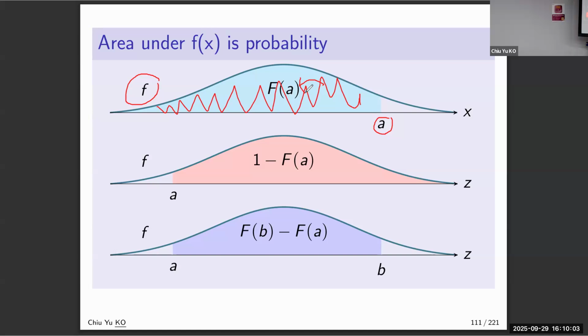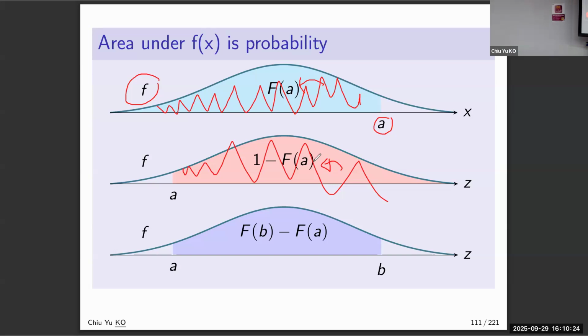And if you want to know the probability bigger than a, it will be the area under the curve beyond a. So this area will be 1 minus Fa. That means that the area under this small f curve must be 1. Let me repeat. The area under the small f curve must be 1. Why?